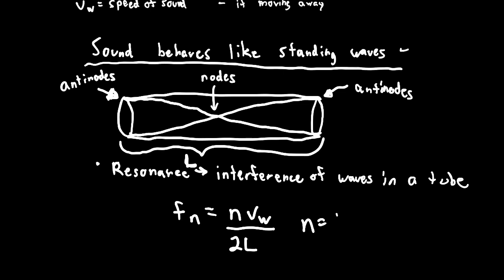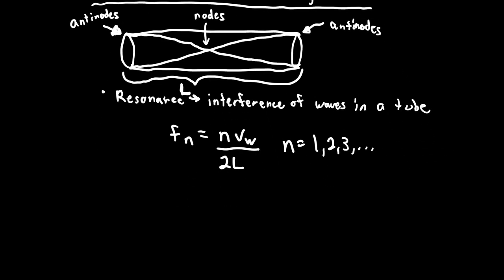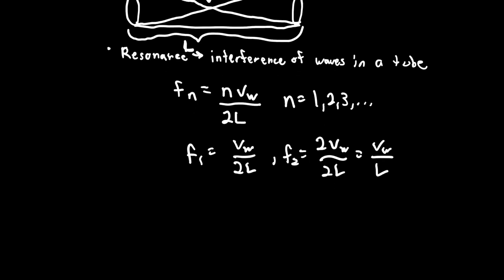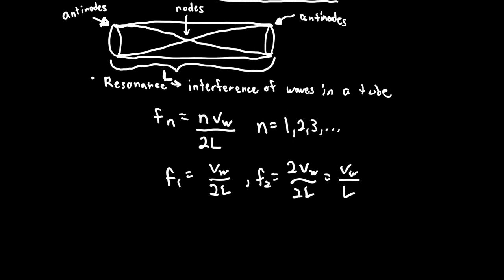This is when n is equal to 1, 2, 3, and so on. So I can get the fundamental frequency, f sub 1 equals Vw over 2L. f sub 2 would be equal to 2 Vw over 2L, which would be Vw over L. So I can calculate the resonances that I have inside of this tube.